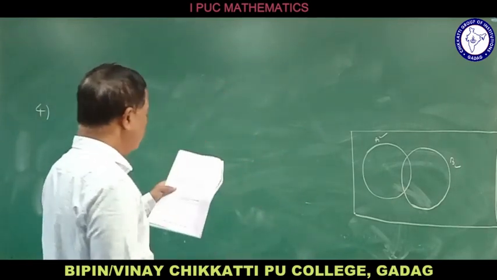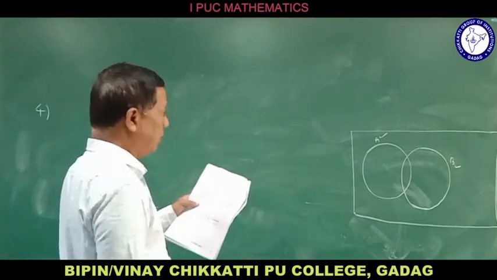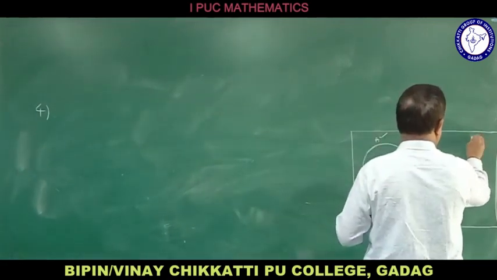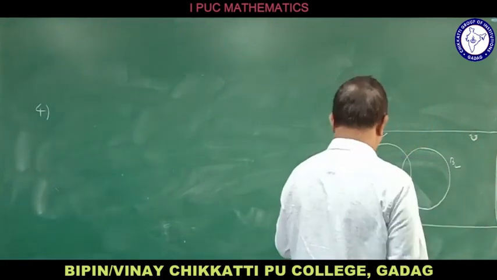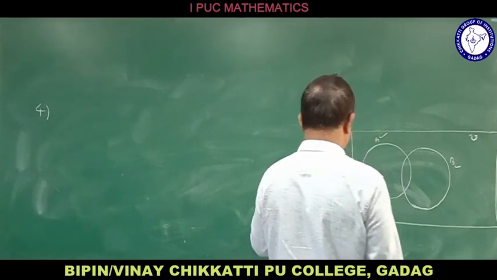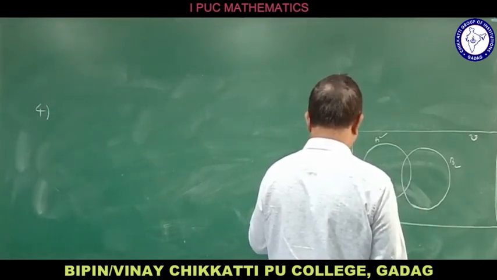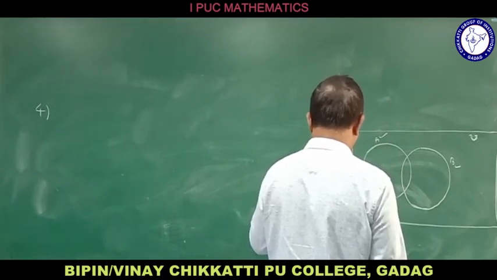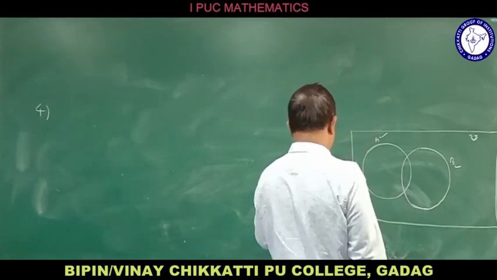The total in the universal set, you have to understand, is in this rectangular box, the total number of students. Next you see, 100 were listed as taking apple juice. And 75 were listed as taking both apple juice as well as orange juice.